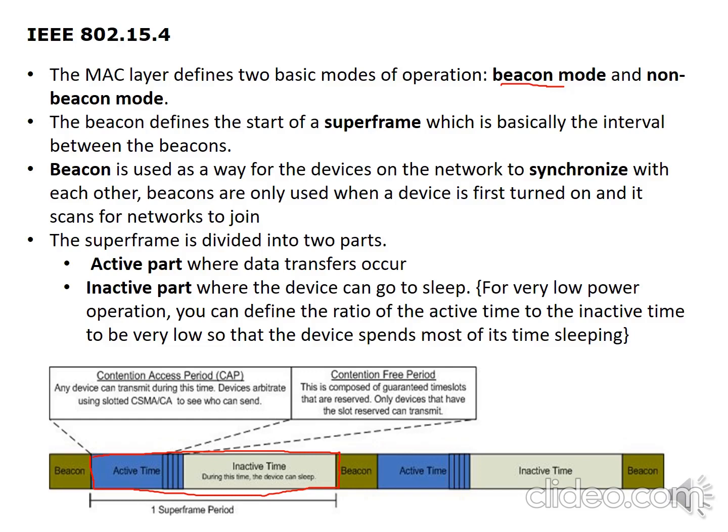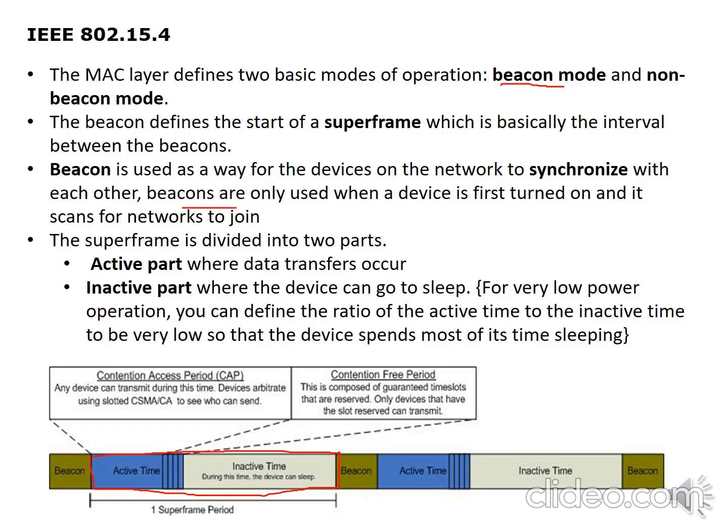The beacon defines the start of a superframe, which is basically the interval between the beacons. So what is the purpose of the beacon? It is used for the device and the network to synchronize with each other.